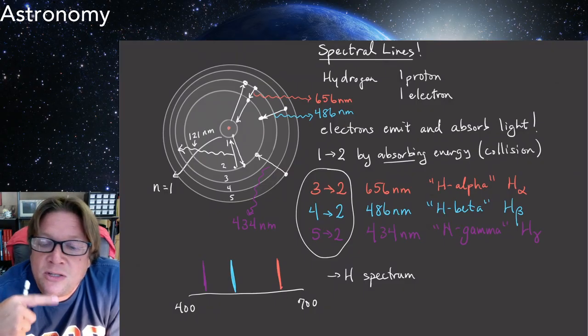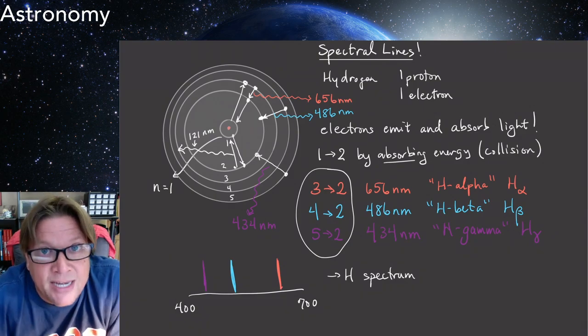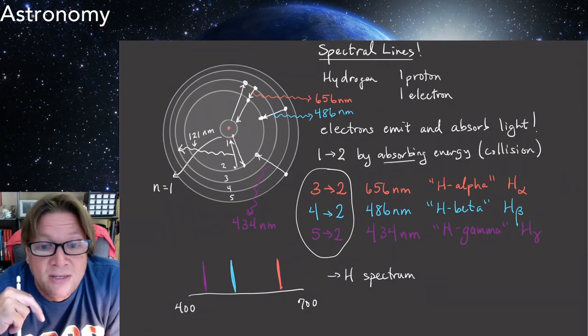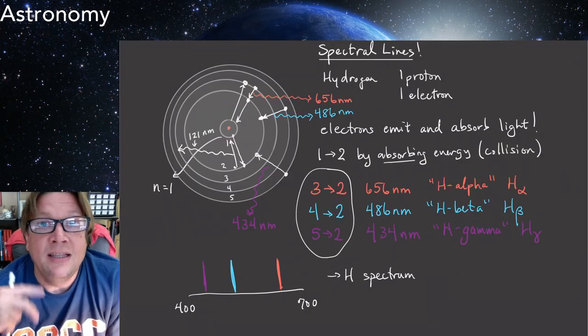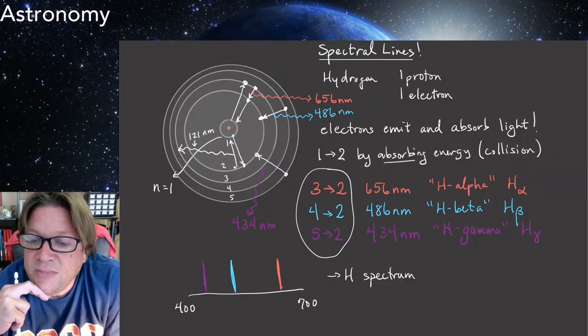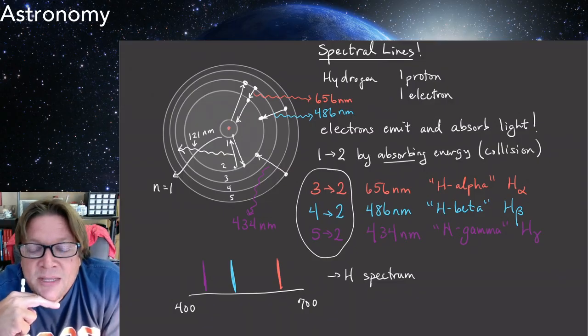So we just look at the light that a star emits, and if we look at it carefully, pass it through a diffraction grating, smear the light out, what's revealed is what the star is made of. The thing that emitted the light, we can tell what elements are present. Very, very cool. This happens to be the hydrogen spectrum, and it's pretty simple.